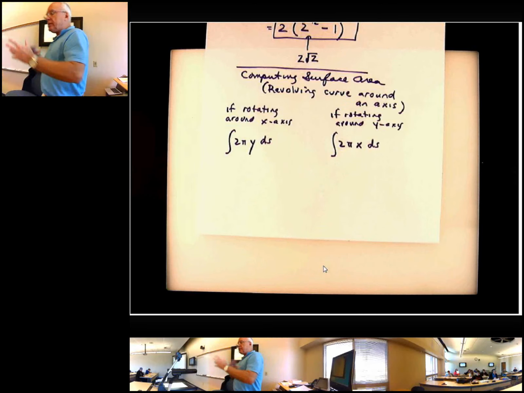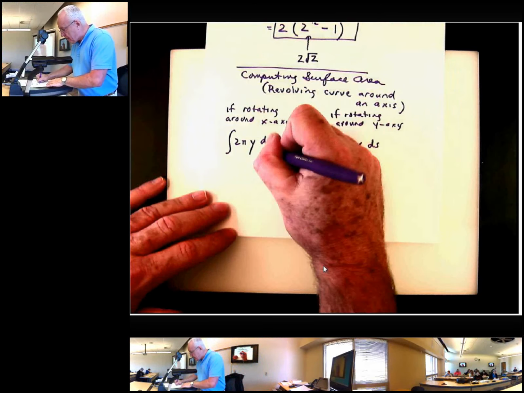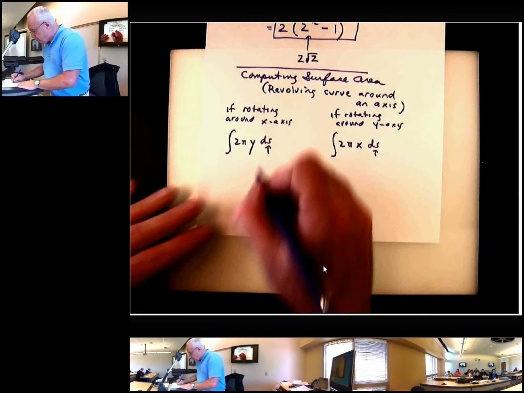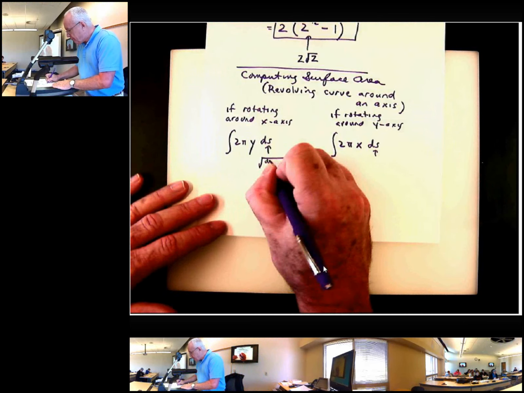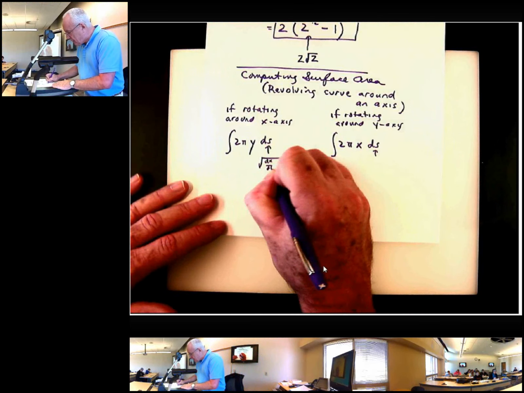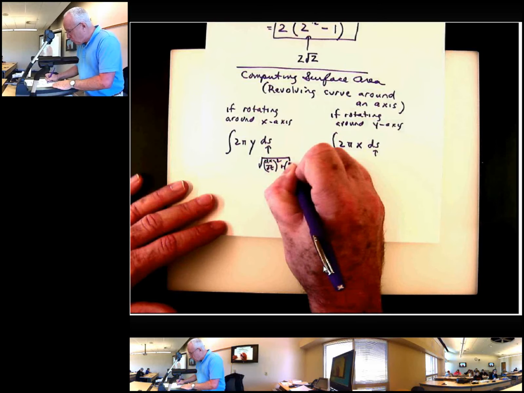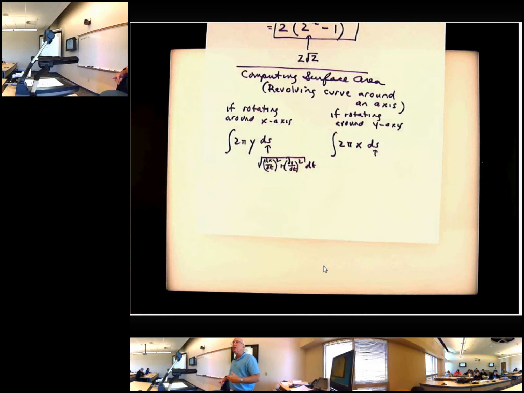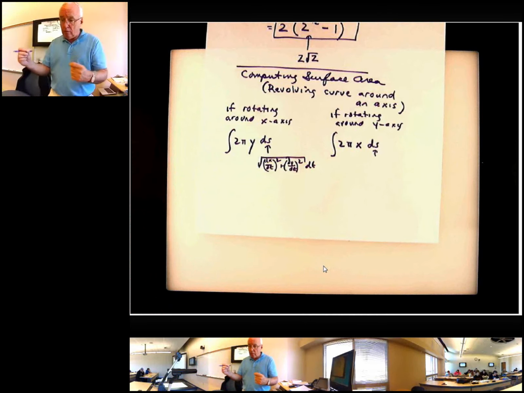Now, in this case, where we're talking about parametric curves, this ds is equal to the square root of (dx/dt) squared plus (dy/dt) squared, all under the radical, dt, that we had just used when calculating the arc length. All right.